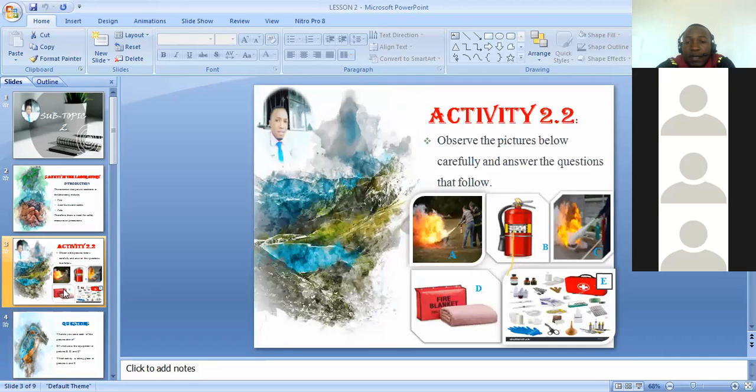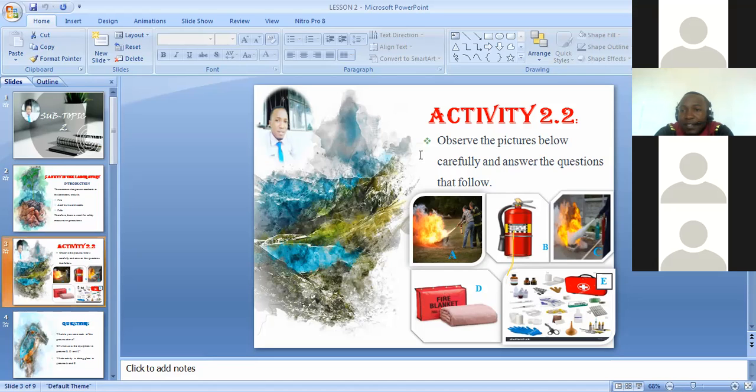So we go back. We are looking at pictures B, D, and E. What are the uses of those equipments we are seeing in picture B, D, and E? Yes, I want members to respond. Your hand is already up.